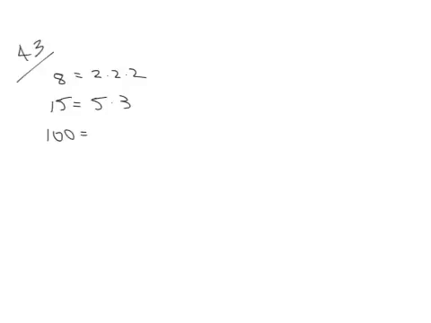Prime factors of 100 are 10 times 10, but we can break 10 down to 2 times 5 and 2 times 5, right? Because this is 10 times 10, but 10 is not prime, so we have to break it down. And let's just go ahead and write this as 2 times 2 times 5 times 5.